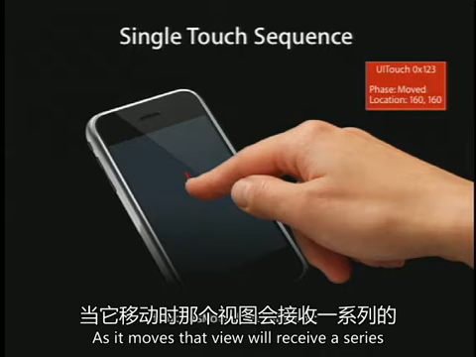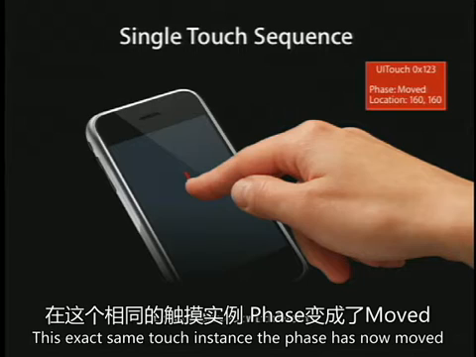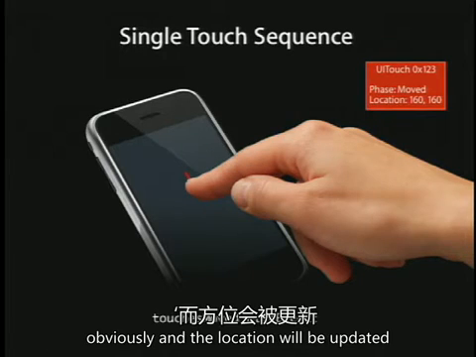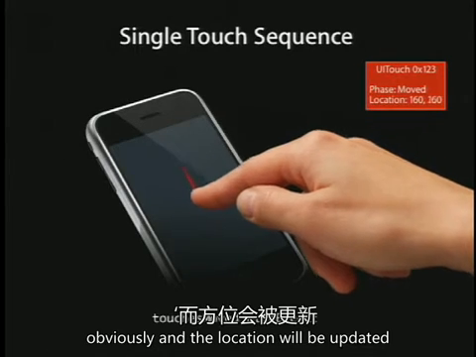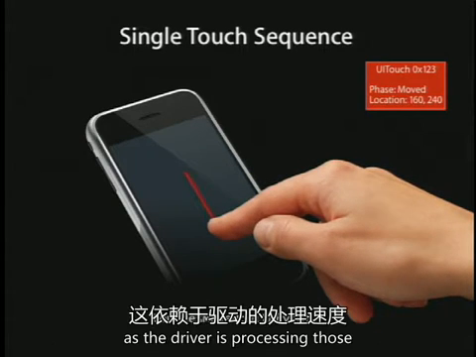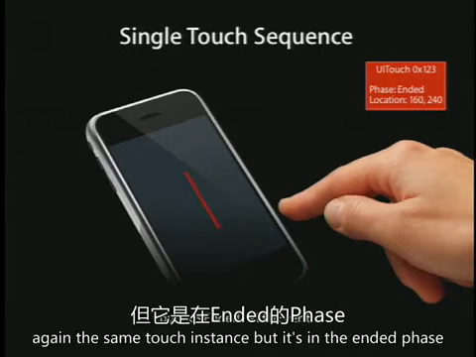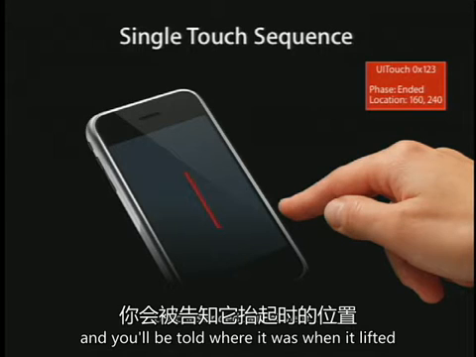As it moves, that view will receive a series of touchesMoved:withEvent: calls. It's the exact same touch instance. The phase is now moved, obviously, and the location will be updated to reflect where it is. And so you'll just get a series of those pretty much as fast as the driver is processing those. When the finger finally lifts, you'll get touchesEnded, again, the same touch instance, but it's in the ended phase, and you'll be told where it was when it lifted.